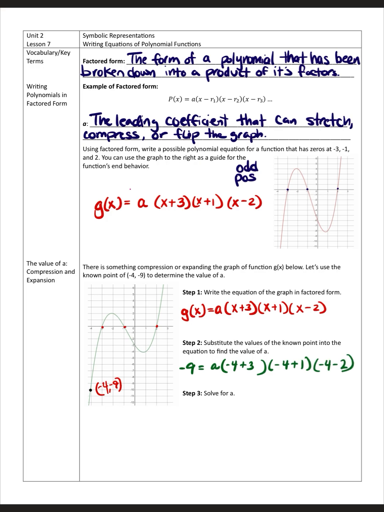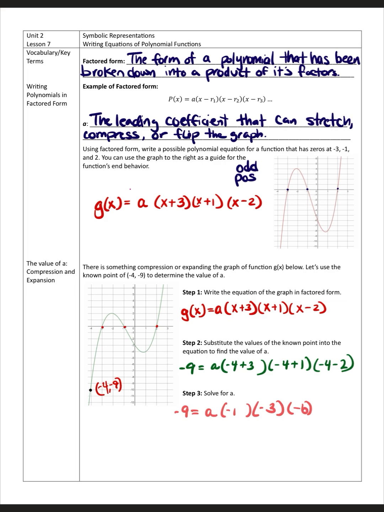Okay, so now step 3 says solve for a. So I'm going to take my -9, and that equals a, because we still haven't found a. But -4 plus 3 is going to give me -1, -4 plus 1 is going to give me -3, and -4 minus 2 is going to give me -6.